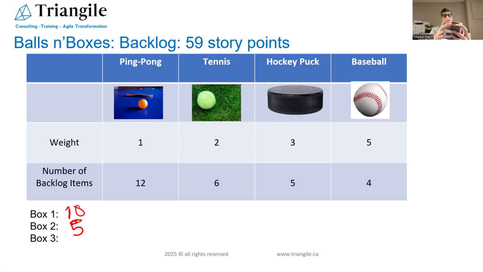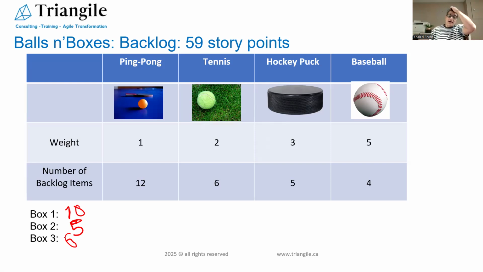And here, with this round two, now I have only one of each: one hockey, so this is three, and one tennis is five, and one ping pong, so this is six. So in box three, I filled up six story points.